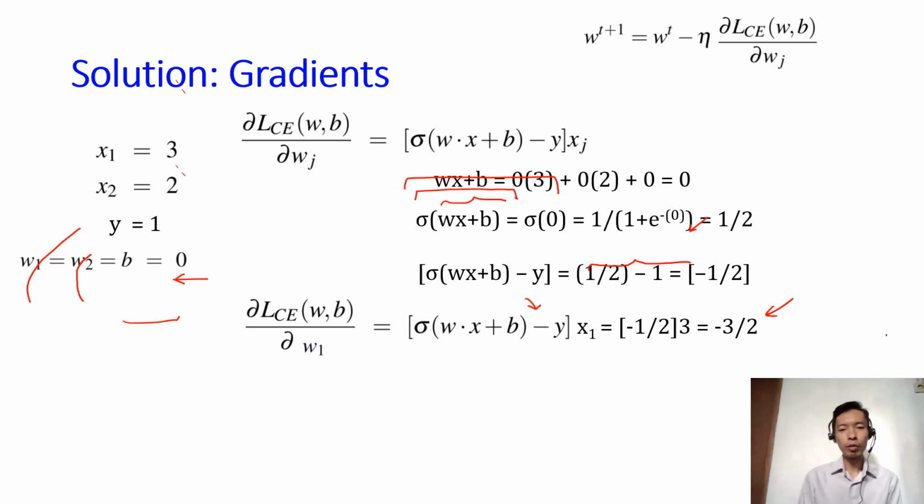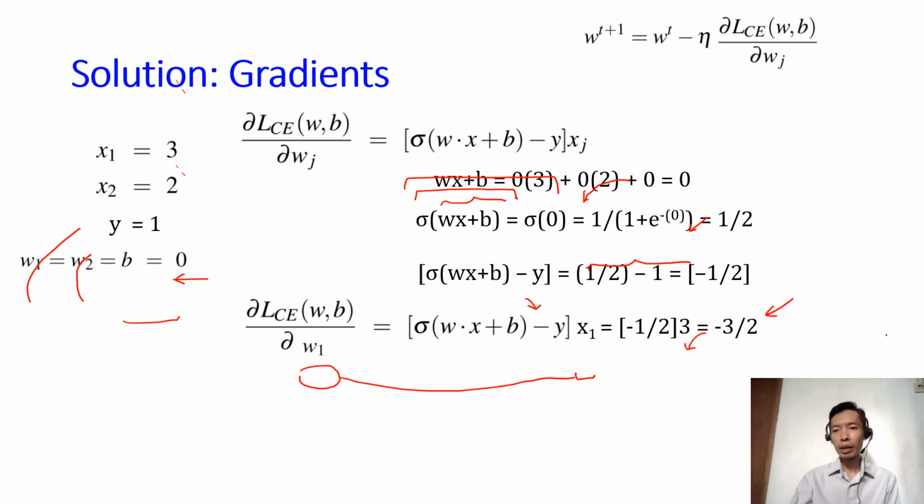For example, if we'd like to update W1, then we multiply the last value with X1, because we're updating W1. So multiply this with 3. It becomes minus 3 over 2.